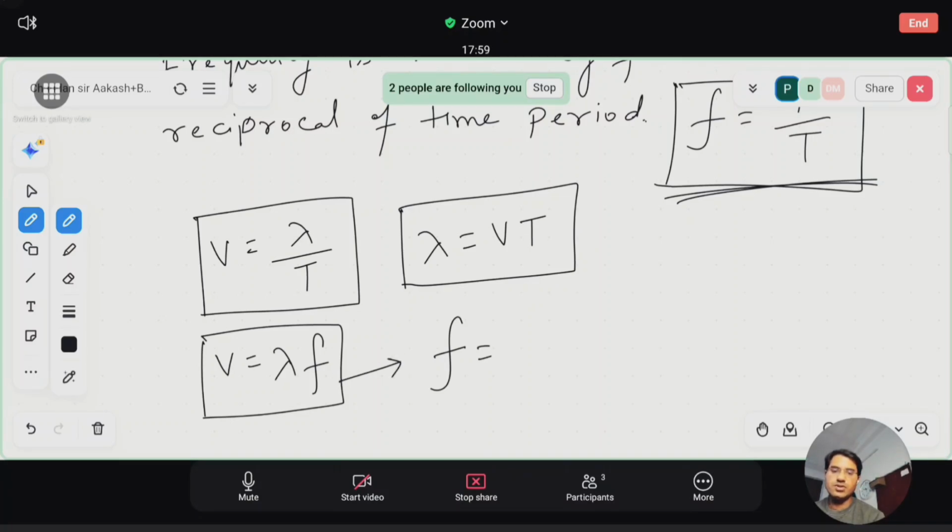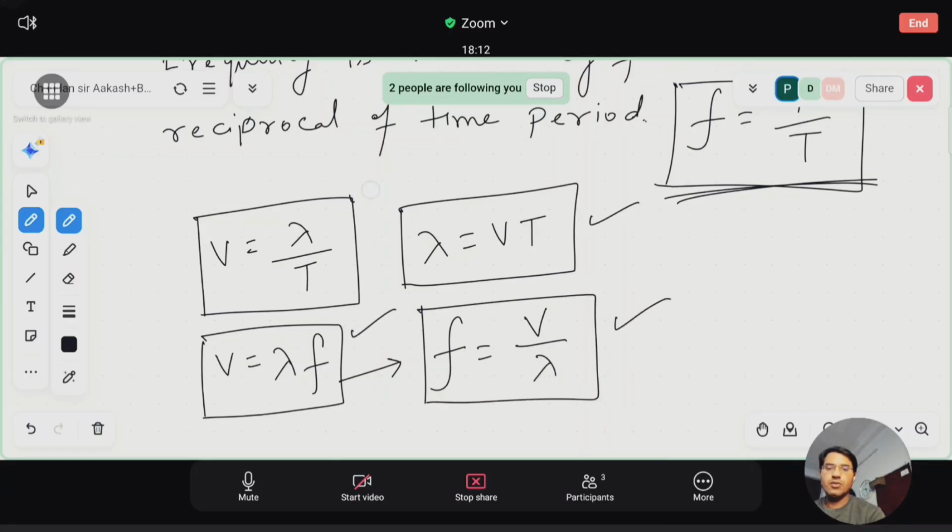You can just tell from this equation. Yeah, very nice. Frequency is basically v over lambda. All these relations, have you written? Okay, very good. Deepak, have you written? Yeah.